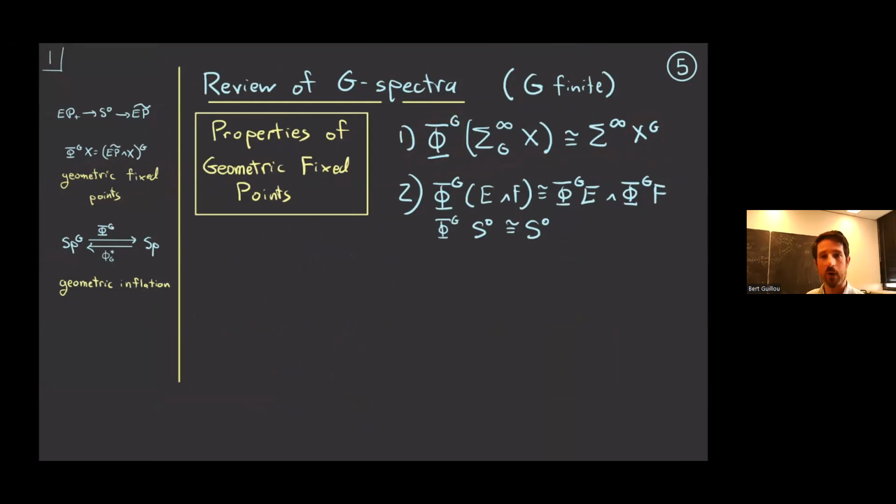It also behaves well with respect to smash products, as it turns out. So the geometric fixed points of a smash product is the smash product of geometric fixed points. The geometric fixed points of the sphere is just S0. That follows from the first item as well. So this is a well-behaved version of fixed points, at least from the point of view of these properties.